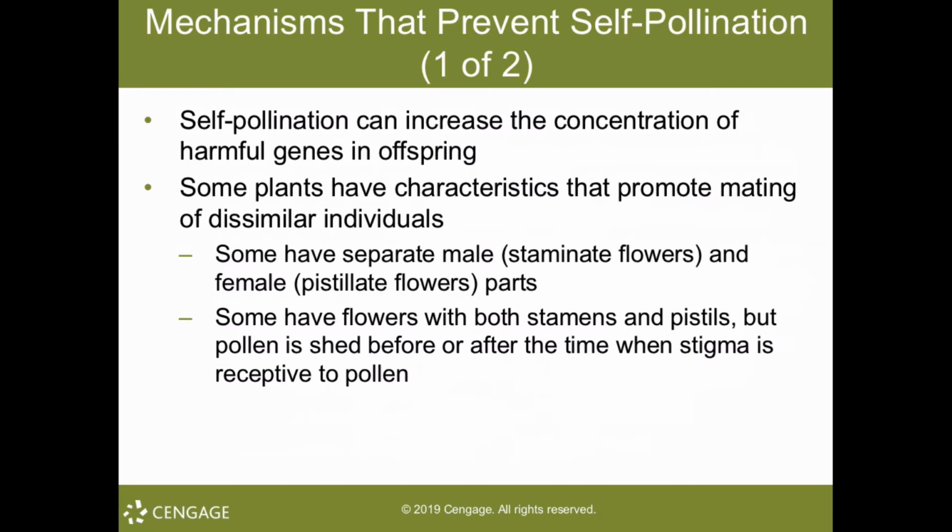However, the pollen is shed from a given flower either before or after the time when the stigma of that flower is receptive to the pollen. Hence, these two mechanisms promote outbreeding or outcrossing, which is the mating of dissimilar individuals. So with that, just keep in mind that even plants, though they aren't able to think, have ways of promoting outbreeding and preventing inbreeding.